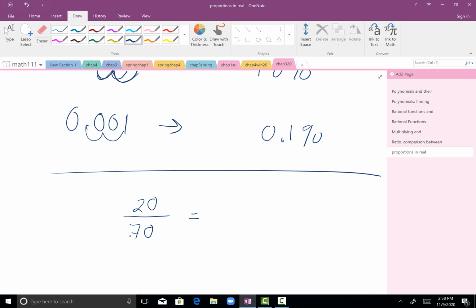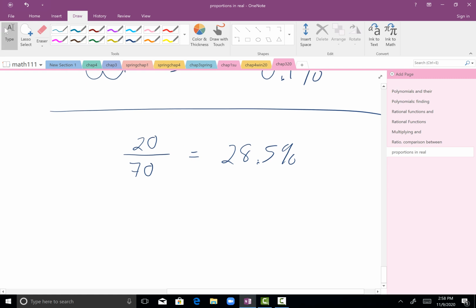Let me go snag a calculator here. That'd be 28.5, so 28.5%. And I rounded it.